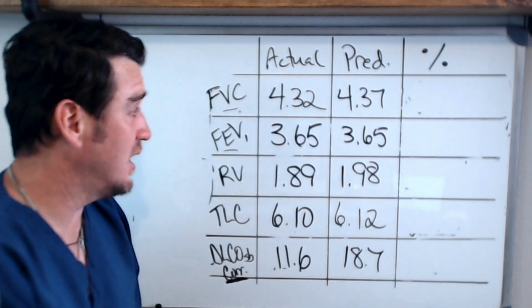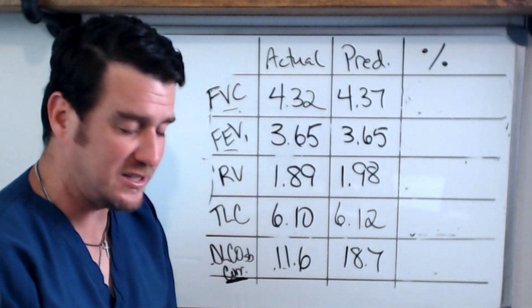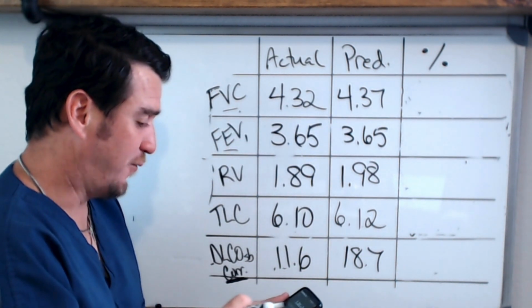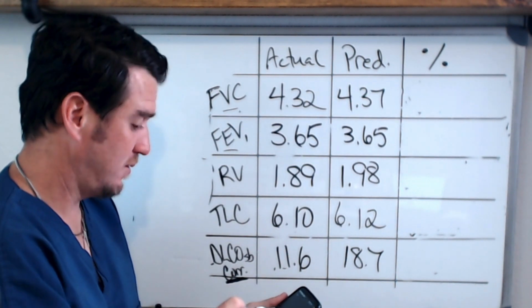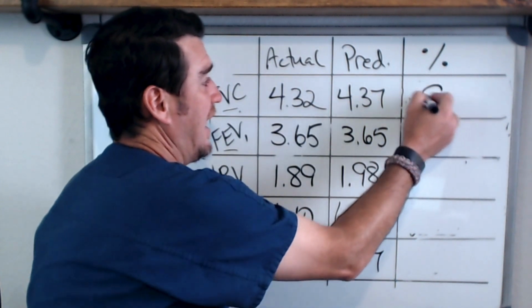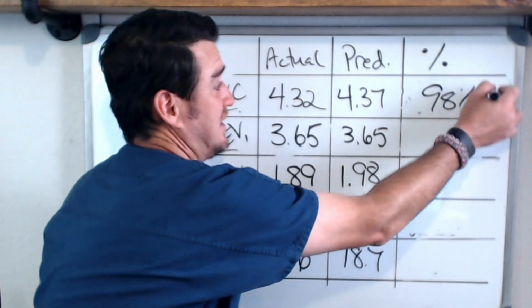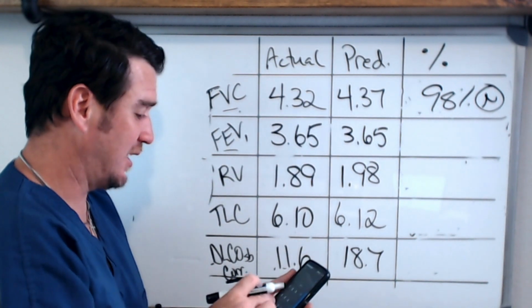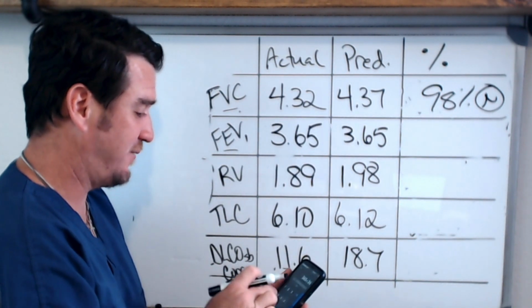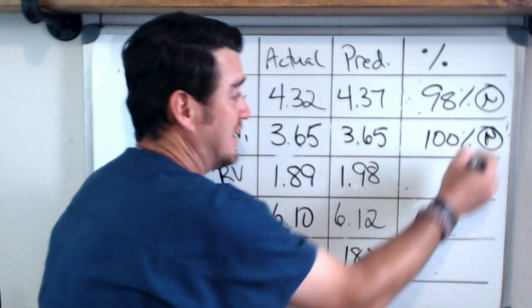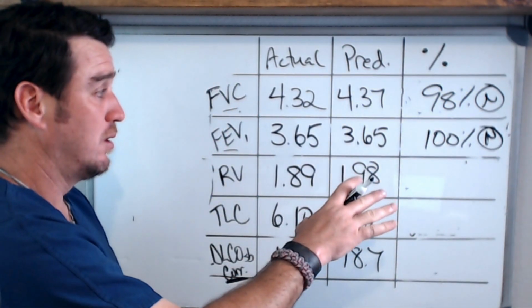Okay, now when we do the numbers here, you're going to find something very, very different. Okay, 4.32 divided by 4.37 is 98%. This is normal. Okay, everybody agrees, right? Now when we look at 3.65 divided by 3.65, we get 100%. Again, this is normal.